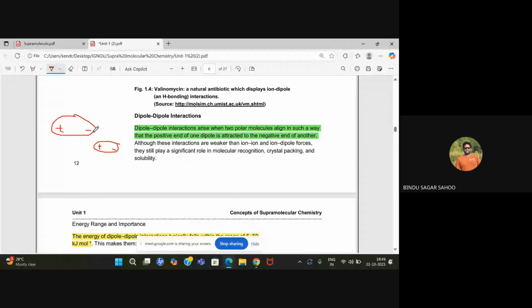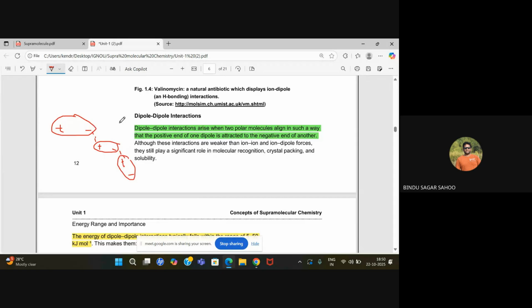So in dipole-dipole interactions, one dipole's negative end will be closest to the positive end of the other dipole. Similarly, the other dipole's negative end will be closest to the first molecule's positive end. When different dipole ends are present, they can make interactions. This interaction is called dipole-dipole interaction.